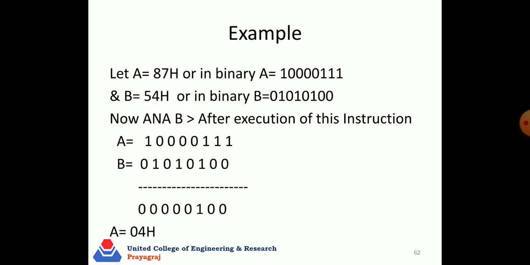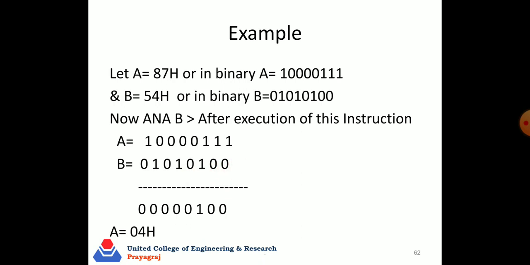Now if we write the instruction ANA B, it is logically AND with the B register. So the accumulator has 87 and B has 54. After execution of this instruction, A is 1000 0111 and B is 0101 0100.